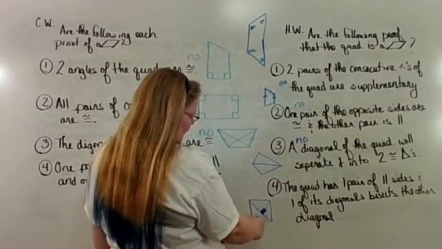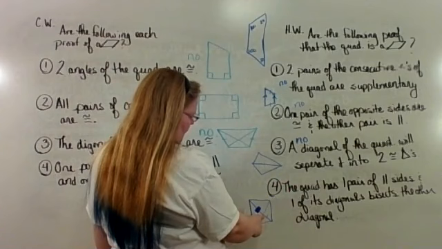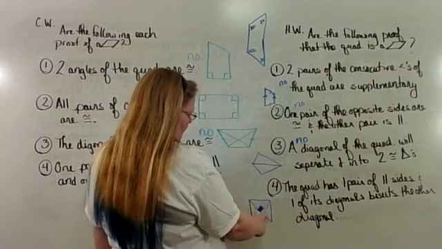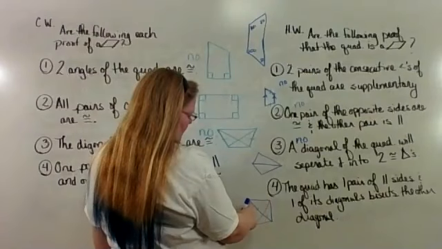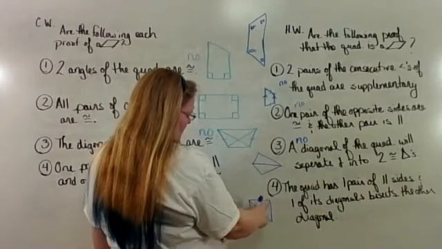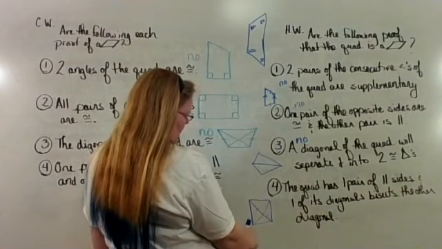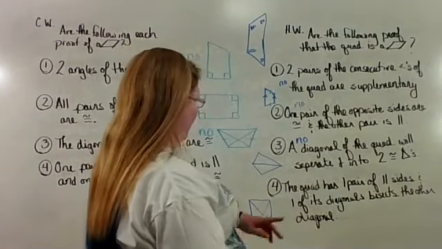If that one bisects that one, that gives me a congruent triangle up here. Hold that thought.